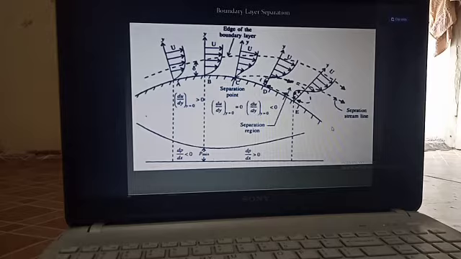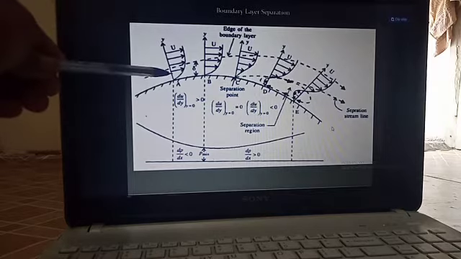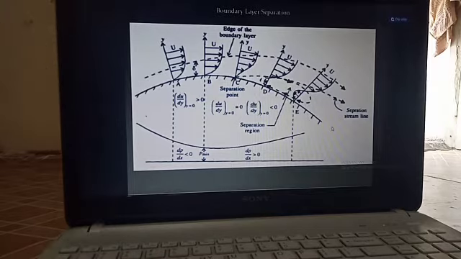Here at point A, the velocity gradient du by dy is greater than 0. What does it mean? The velocity is gradually increasing in this region, so the velocity gradient is greater than or equal to 0. This means shear stress exists at this point, and it will try to retard the motion of the fluid.